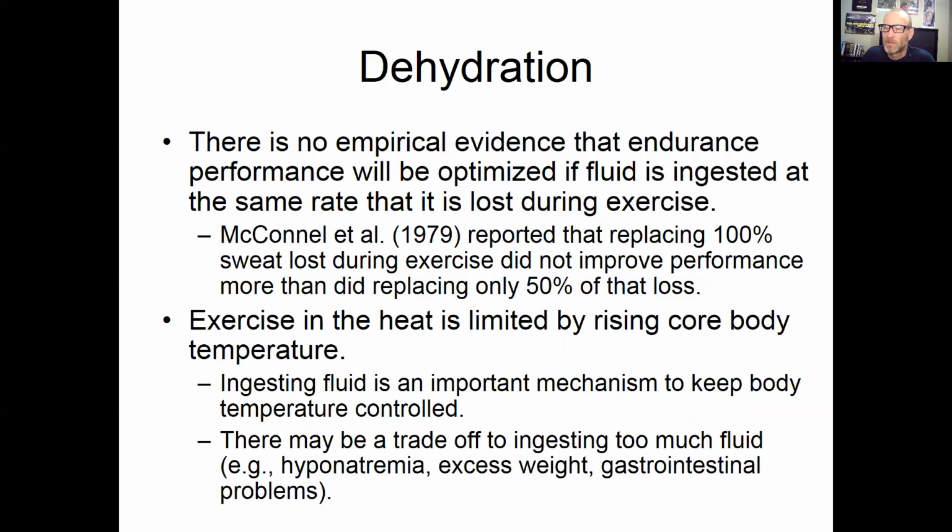That's not helping me bike faster. I've got to carry that weight. GI problems are very common if we drink too much. And hyponatremia is a problem if we take in too much fluid and we dilute the body so that we don't have enough sodium. And sodium is very critical for maintaining electrical signals and muscle activity.